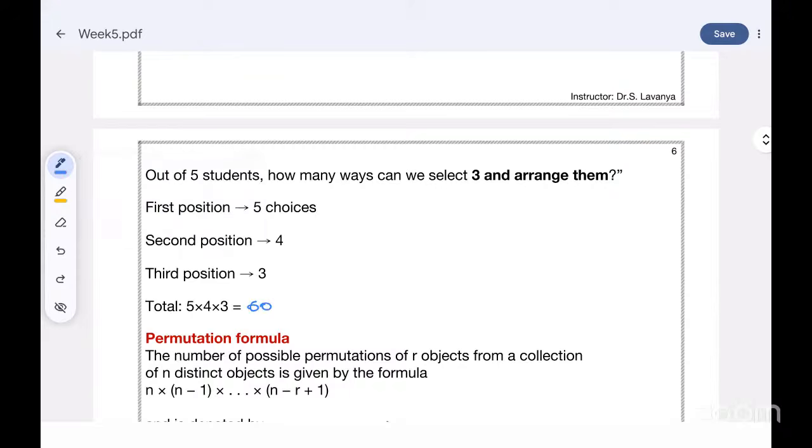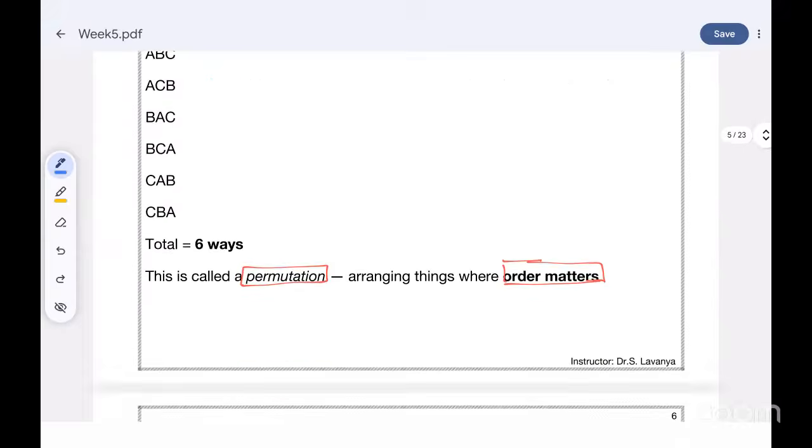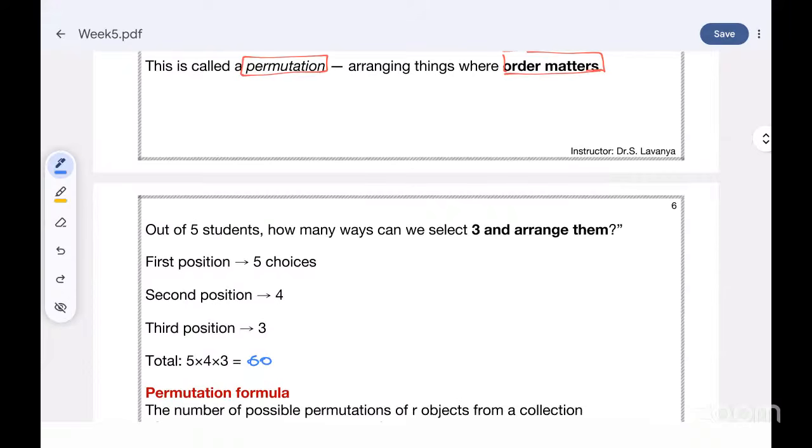So now out of 5, in the previous case, we were looking at only 3 students and how many ways in which all 3 can stand. Now here, instead of all of them, we are choosing only 3. Out of 5, how many ways we can select 3 and arrange them, right? So 5, 4, 3, right? So 60.